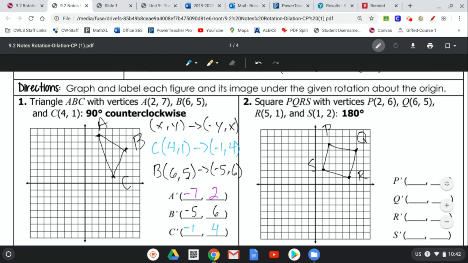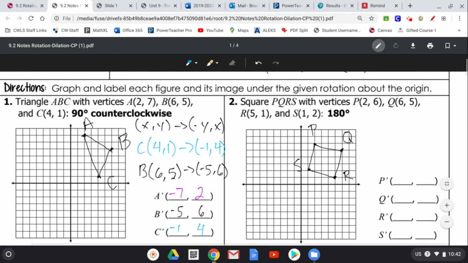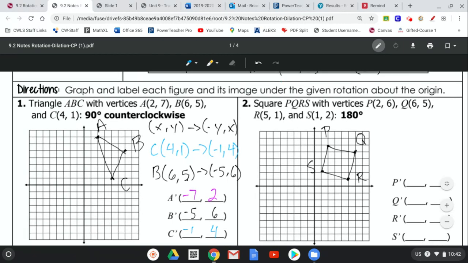Now you don't have to graph it, but if you would like to, you can. So C is at negative 1, 4. So it's going to be right there. All right, C. B is at negative 5, 6. So right there, that's going to be B prime.